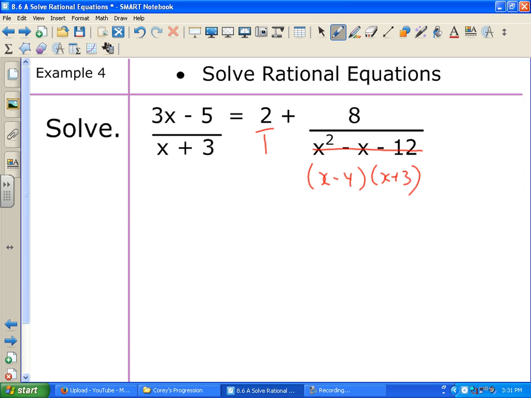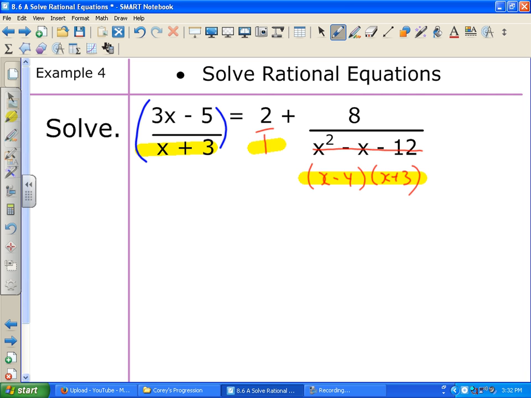If you can't factor it in your head, go ahead and make your diamond problem on the side of your paper, but it will factor x minus 4, x plus 3. So at this point, I got an x plus 3, a 1, an x minus 4, and an x plus 3. I'm going to multiply both sides of the equation by the common denominator.